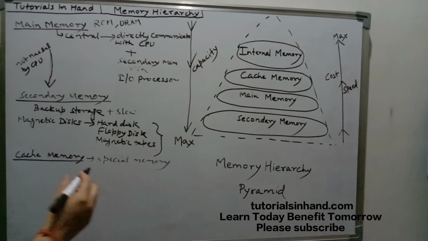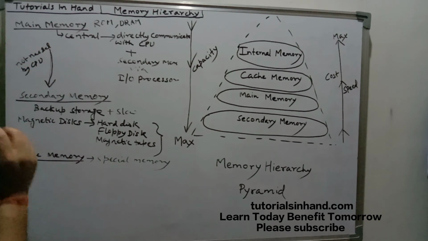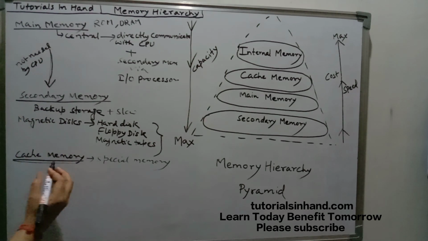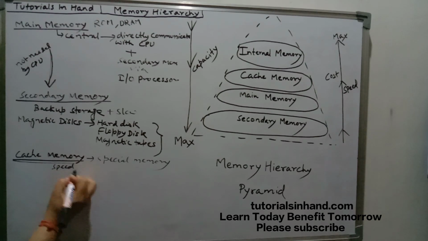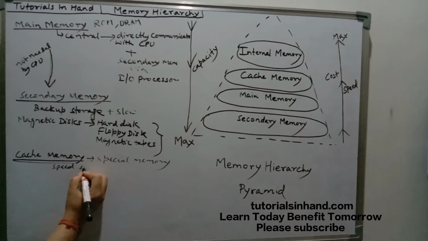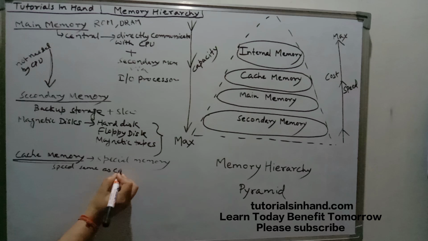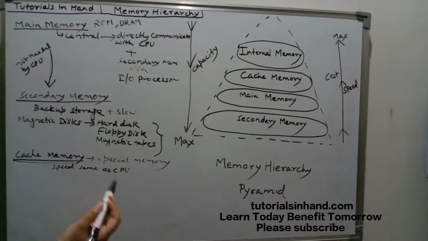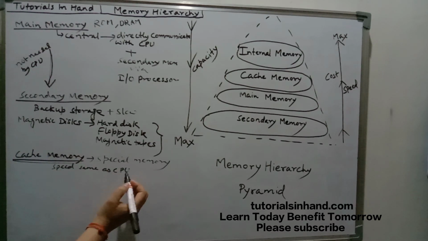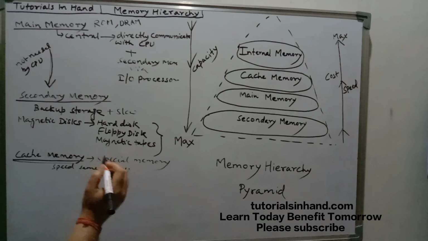It is a special type of memory which is used between the CPU and the main memory, and this cache memory has speed almost the same as CPU, so it starts providing data and instruction to CPU at the same pace as and when it requires.